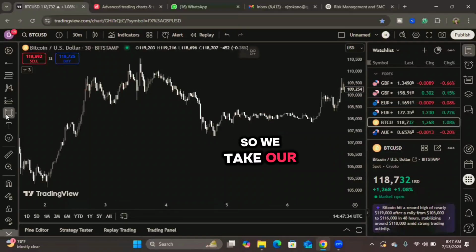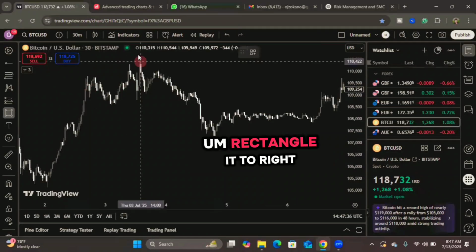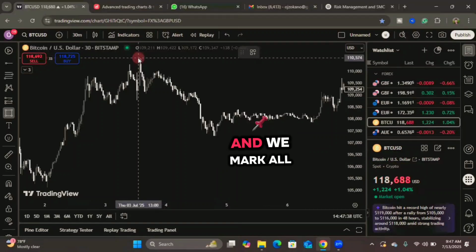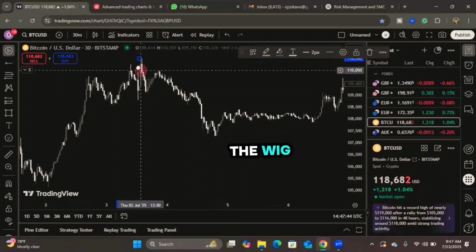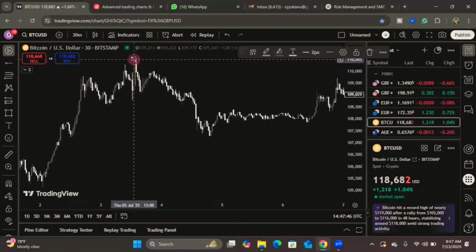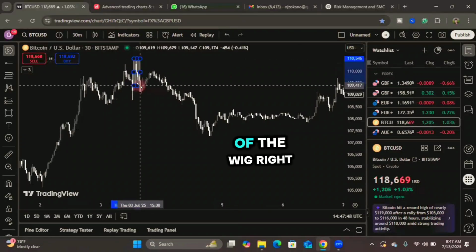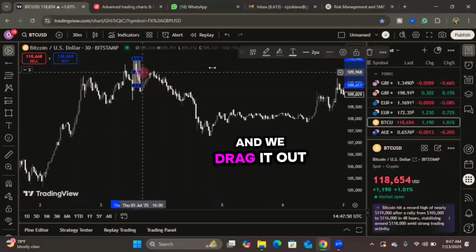So we take our rectangular tool, and we'll mark out from the top of the candle, which is the top of the wick, to the bottom of the wick, and we drag it out.